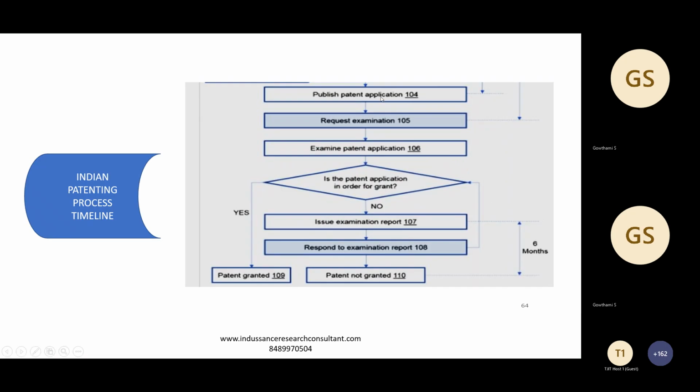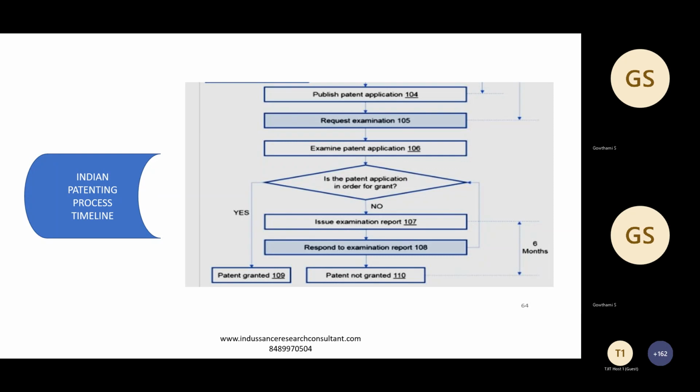So once the patent application has been published, we can request for examination. Please keep in mind that as soon as we file the application, there is no way to request for examination immediately. The request for examination can only be made after we get the publication of that particular patent application in the official gazette.